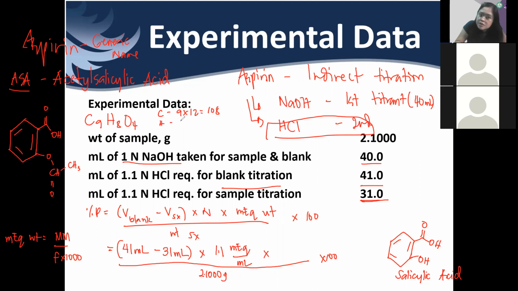Hydrogen is 8 times 1. This is 8. And oxygen is 4 times 16. This is 64. Kasi 180 grams per mole. Okay, so this is now 180 grams per mole.